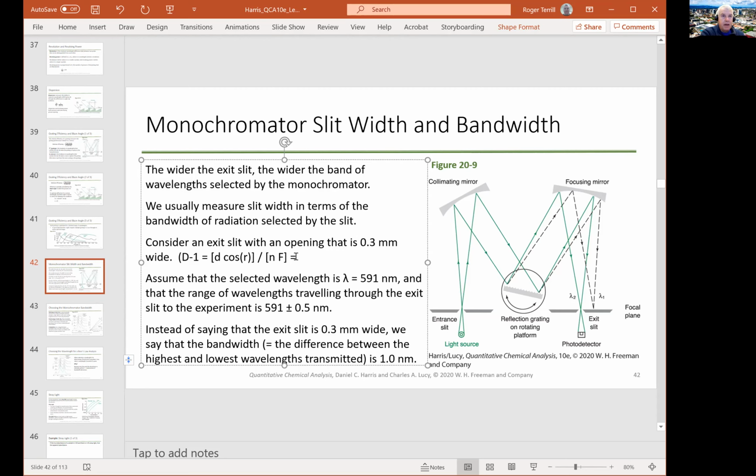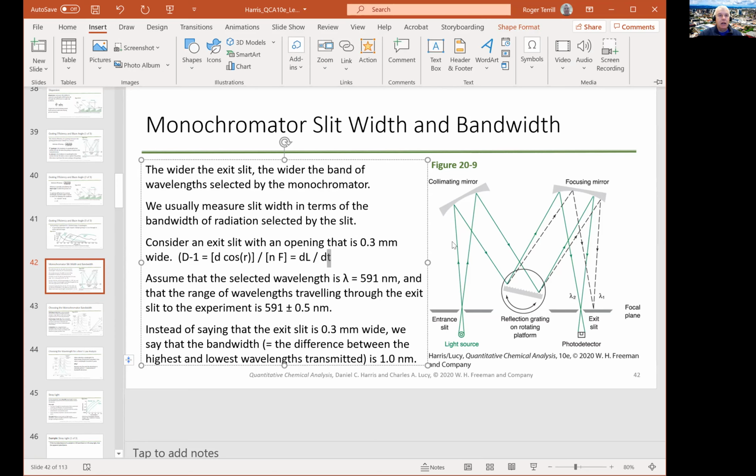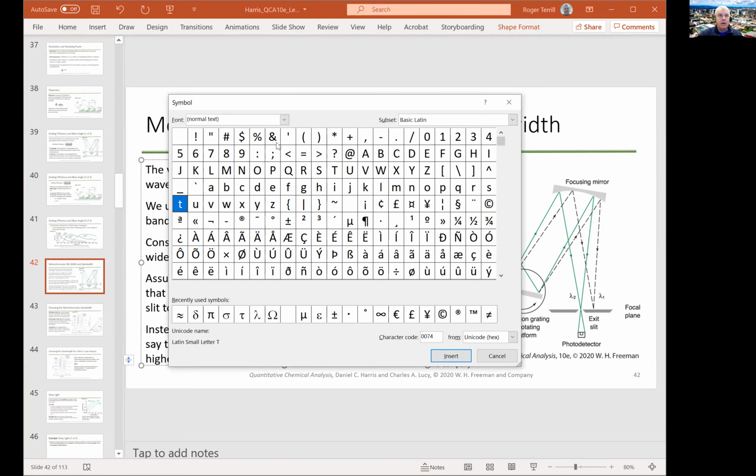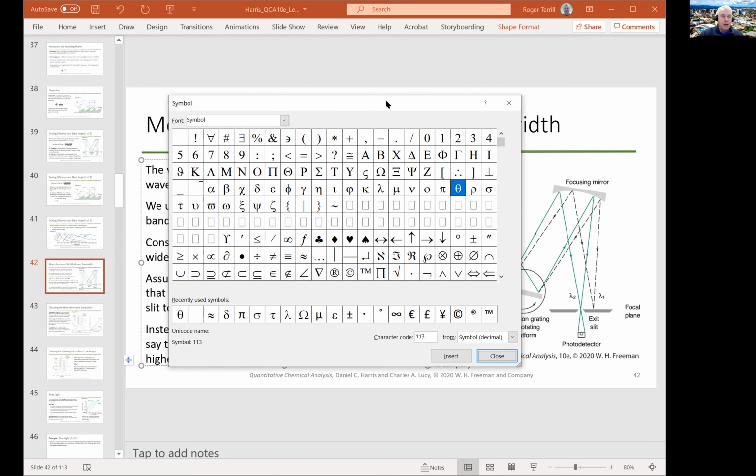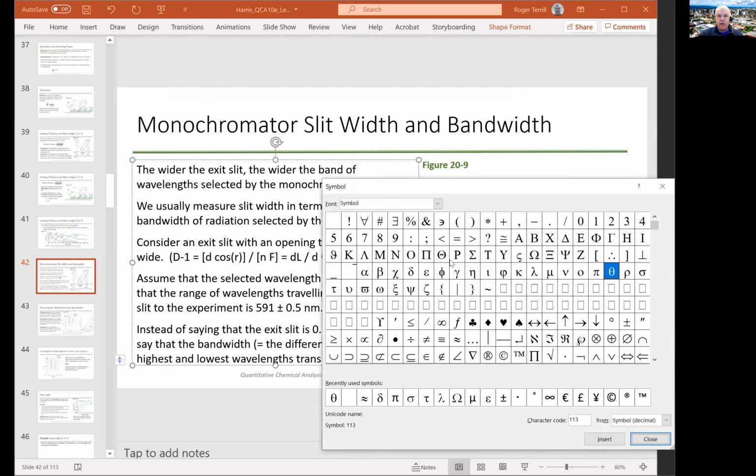What this means is it's d lambda by d theta. I'm going to insert the symbols here, theta and lambda.